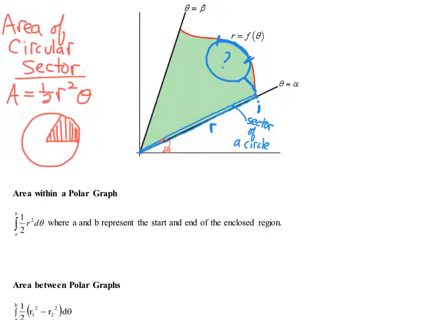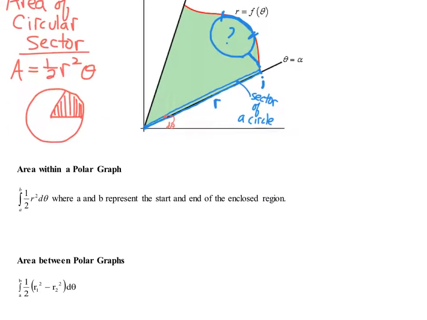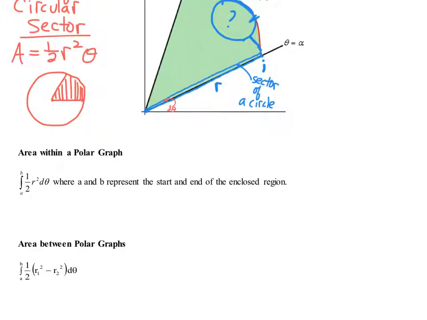The extension would be that if I wanted to find the area between any polar graphs, I would just find the difference between their radii squared, right? So it's a 1/2 r squared d theta for the outer figure, and then a 1/2 r squared d theta for an inner figure, subtract the two. This is the simplified form of that. All right.